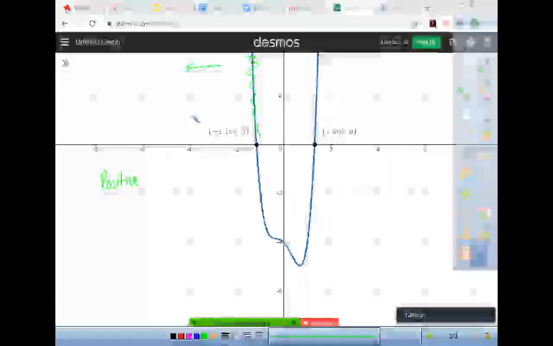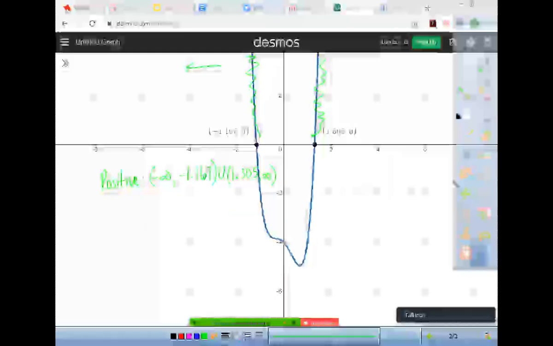Negative infinity and negative 1.167. So it's positive there. It's also positive for what? Right here. 1.305 to infinity.